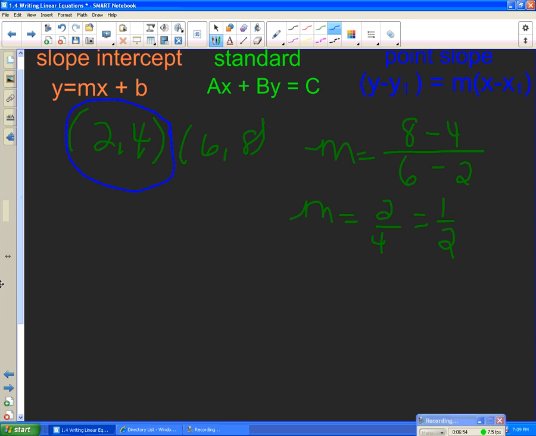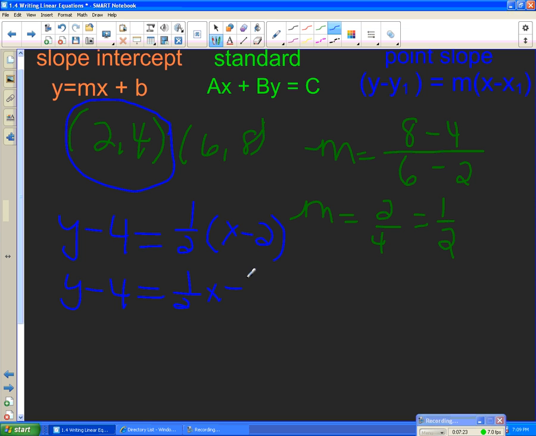So I'm going to have y minus, my y sub 1 will be 4, equals, my slope was 1/2, times x minus my x sub 1, which is 2. And then I can take this and manipulate it because I want to solve it for y. And I have 1/2 x minus 1 because half of 2 is 1.